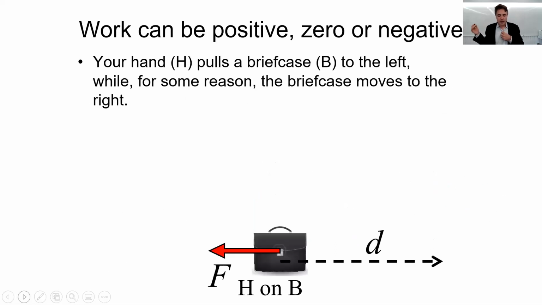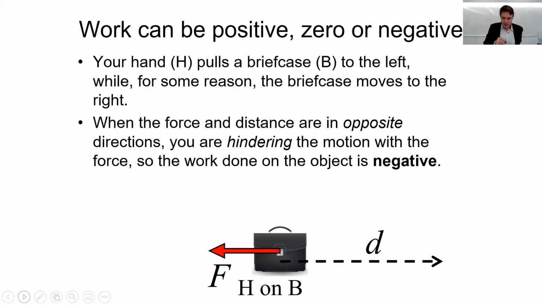Lastly, if your hand is pulling a briefcase to the left, but for whatever reason the briefcase is actually moving to the right, maybe it was already moving to the right and you're trying to slow it down, you're trying to brake it or something like that. This means that the force and the distance or displacement are in opposite directions. So you're hindering the motion with the force, and the work done on the object is negative.